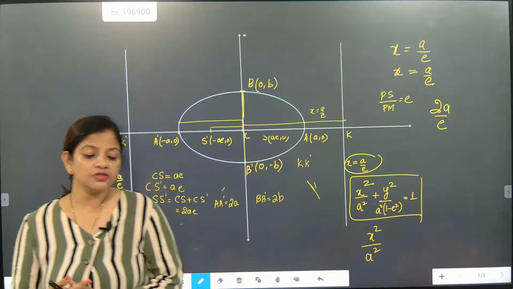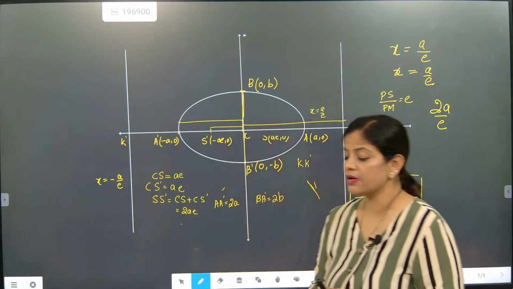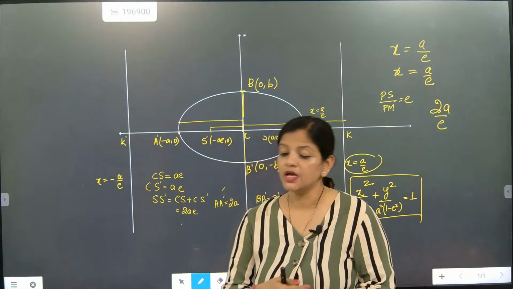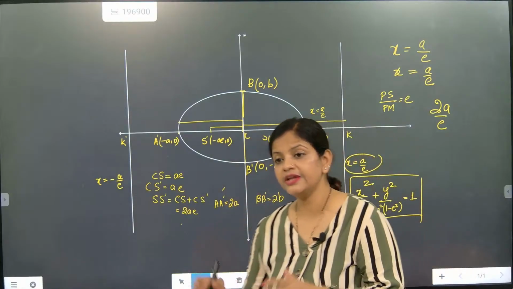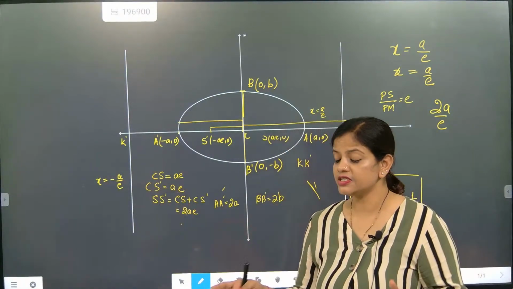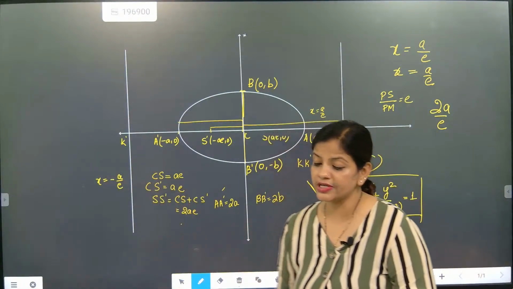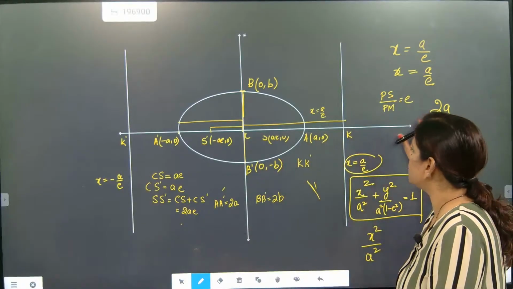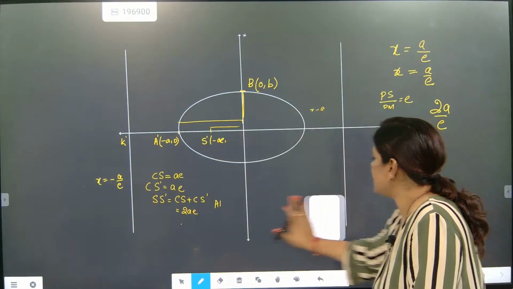So when people talk about the distance between two foci, it is 2AE, and the distance between both directrix lines is 2A by E. Then you will be able to form the distances.